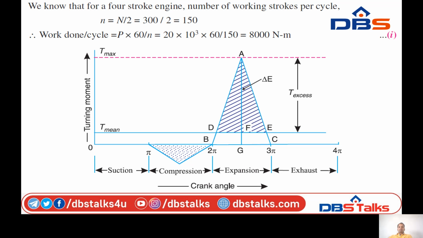In the same way, we have to differentiate the segregation of the crank angle also. By taking the default four-stroke engine diagram, you can see the crank angle positions for suction, compression, expansion and exhaust, that is pi, 2 pi, 3 pi, 4 pi.